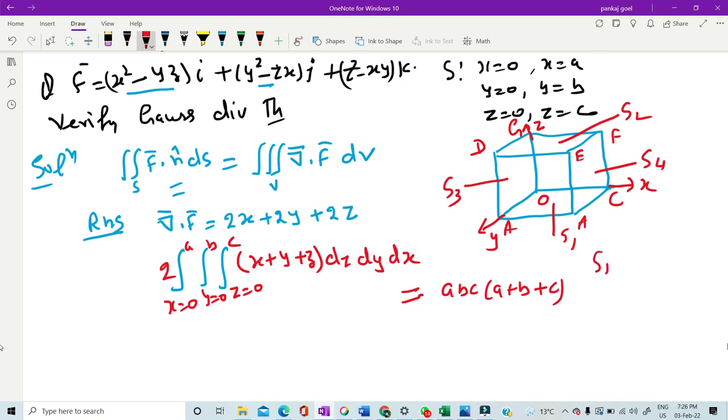For S1, n cap is minus k. For S2, that is k. For S3, the left hand side, that is minus i, and S4 is the plus side, and like this you can find the n cap and then find the left hand side integration. Okay, thank you very much.